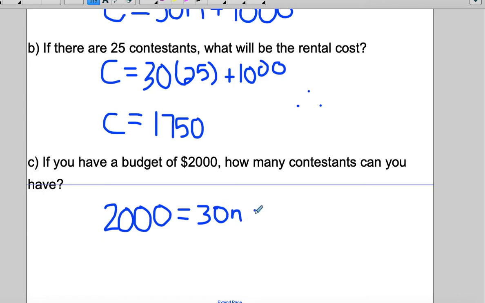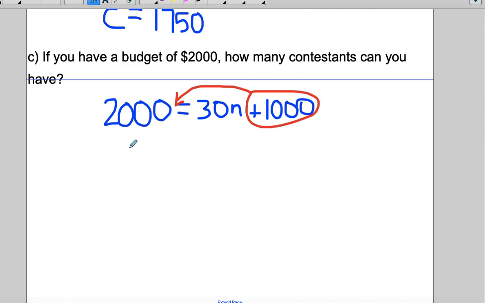Our number of contestants is unknown, and we are using our initial value of the $1,000. So in order to solve this, you are going to take this $1,000 and move it to the other side of the equation, because remember, we want to leave everything that's attached to the variable at the end.